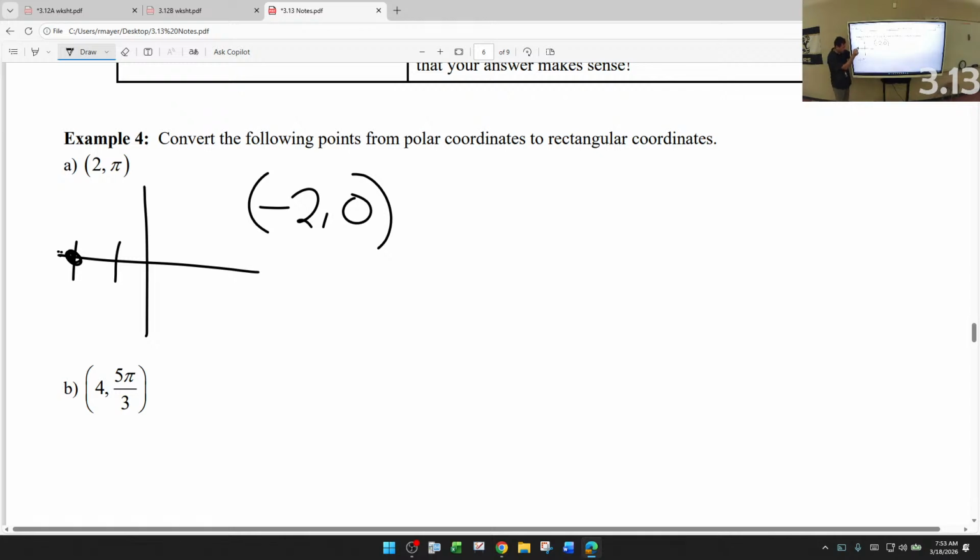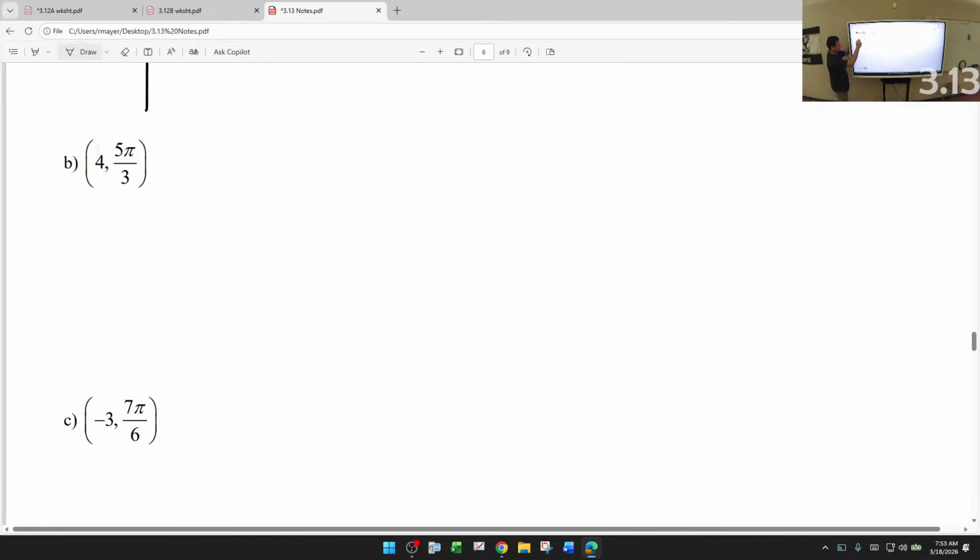I would have said, name that point before you came to class today. I would hope that everybody could say that's -2, 0. So polar, it's 2, pi. Rectangular, it's -2, 0. Hopefully you understand why drawing it will help you. Draw it.